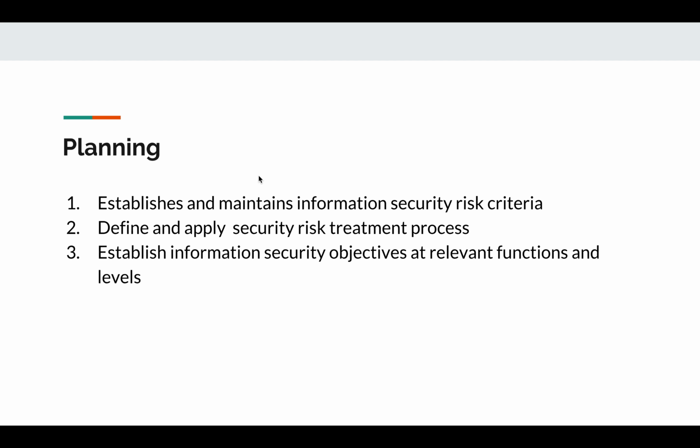The first one is to establish some criteria, and then to define and apply some risk treatment process. And the last one is to establish some objectives at relevant functions and levels. So we'll talk about it later.